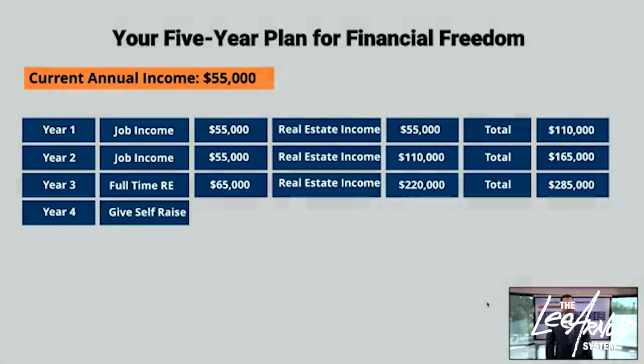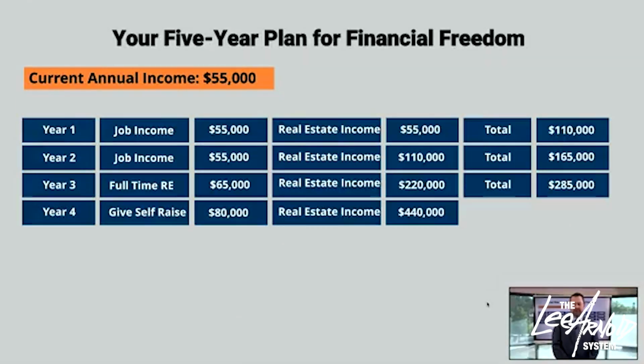You're still a full-time real estate investor, but you did an amazing job last year. You doubled the profits of the business. You are to be applauded and rewarded. So we're going to give you a $15,000 raise. But our expectations of your output are going to grow. So if you did $220,000 last year, I need you to produce $440,000 in your business this year. Okay. Now this is year 4.